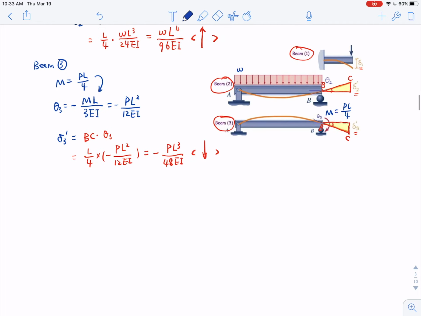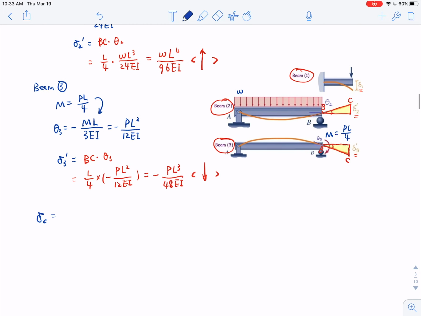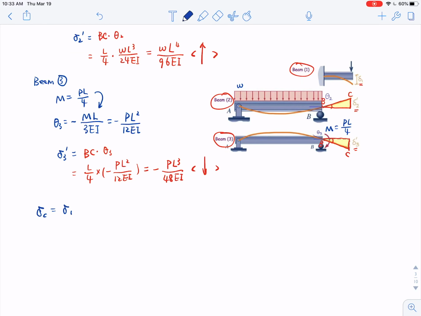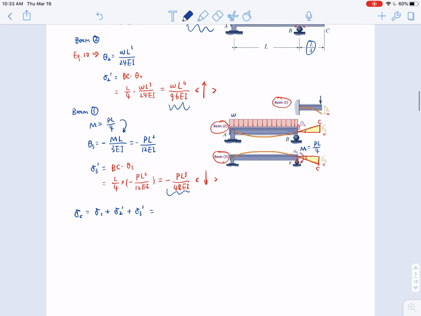So in the end, to summarize, the overall deflection at point C can be calculated by summing the 3 components together: delta 1, delta 2 prime, and delta 3 prime. The first component is here, the second here, and the third here.